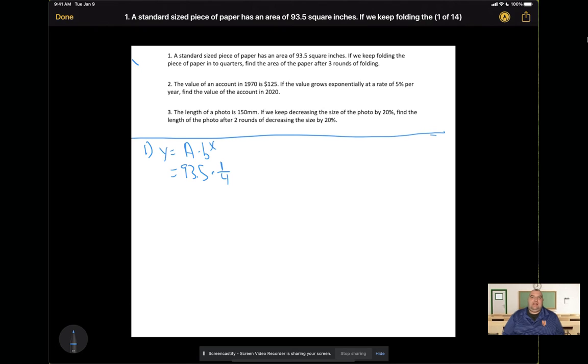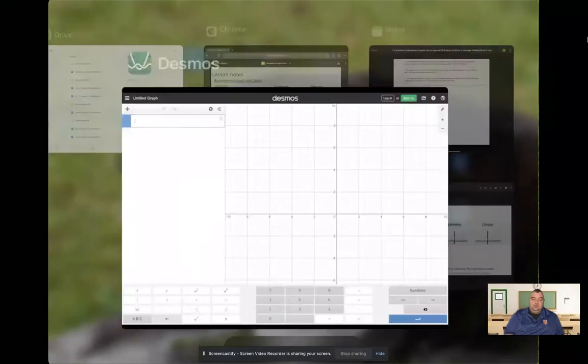And then your X value: find the area of the paper after 3 rounds of folding, so my X value is going to be 3. To figure out the answer, I need to calculate 93.5 times 1/4 to the power of 3. I'm just going to go into Desmos to do that.